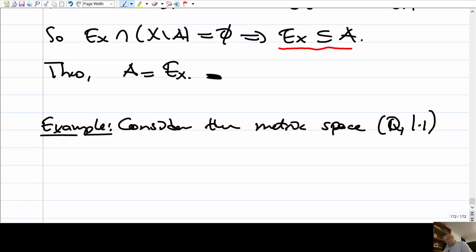Then any subset of Q containing more than one element cannot be connected.